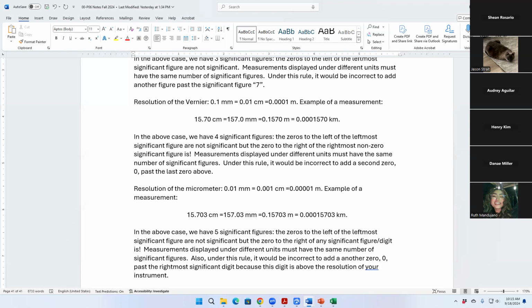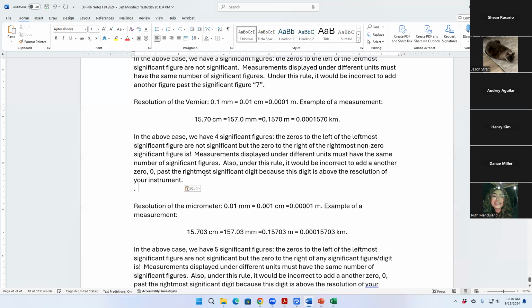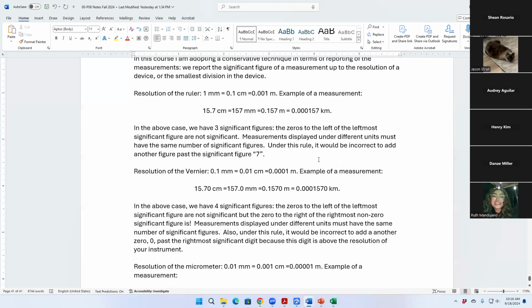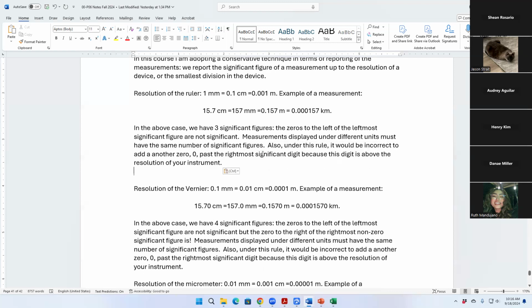Okay, and we can repeat that as well. Under this rule, because this digit is above the resolution of your instrument, it would be incorrect to add another figure past the significant digit 7.